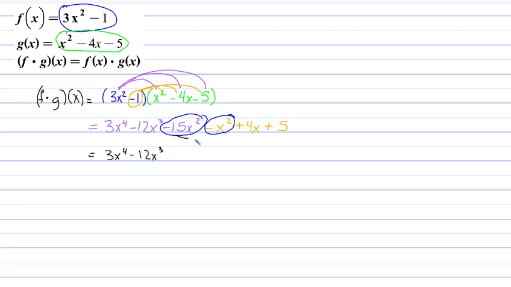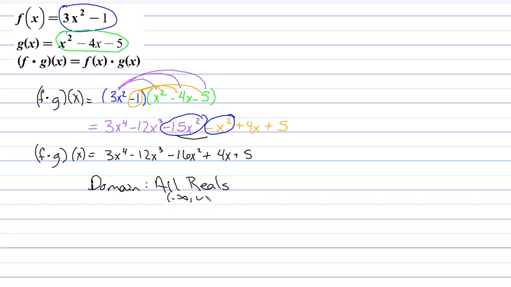And then those we combine. Negative 15 minus 1 gives me negative 16x squared plus 4x plus 5. So that f times g of x is 3x to the 4th minus 12x cubed minus 16x squared plus 4x plus 5. And my domain is all reals, because there's nothing in the denominator, or from negative infinity to positive infinity.